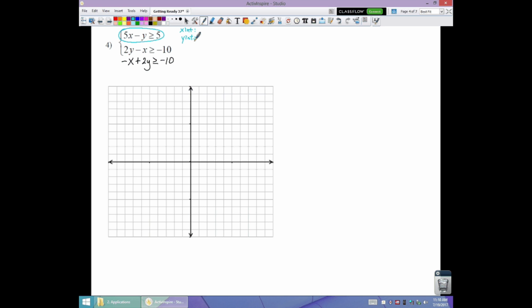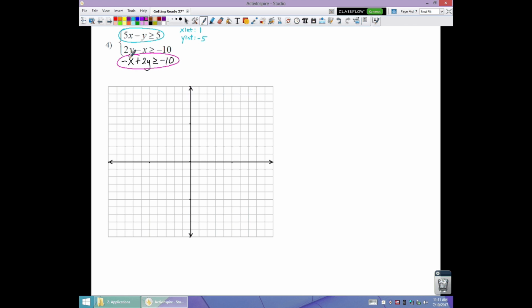Let's test them out. For x-intercept, I am ignoring the y term, and I have 5x is 5. Divide both sides by 5, x-intercept is 1. Y-intercept, ignore the x term, so negative y is 5. Divide both sides by -1, you are left with -5 for a y-intercept.